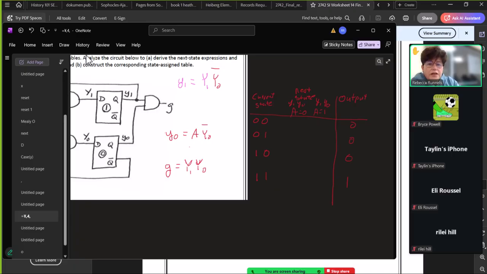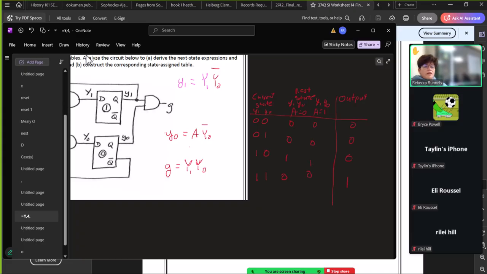It is the AND of y1 and not y0. So that would give me 0, 0, 1, 0, and 0, 0, 1, 0.